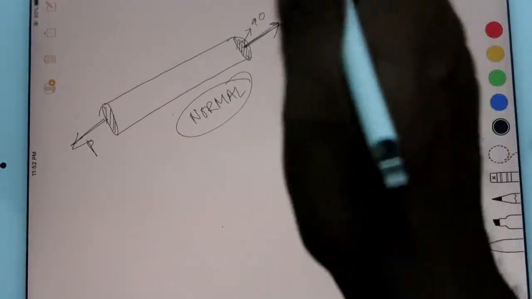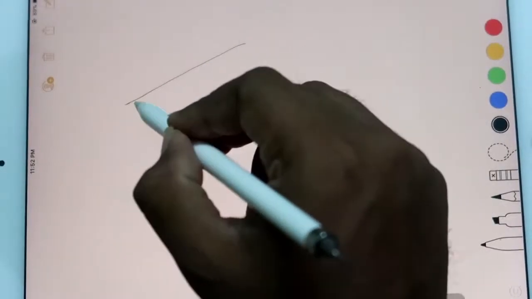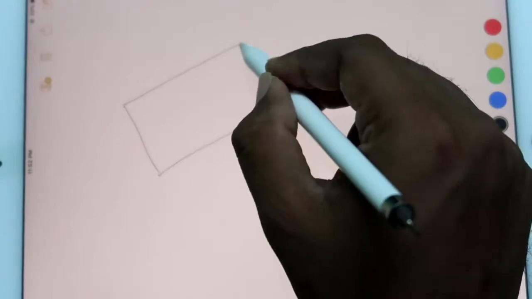If I draw it in a bigger manner, suppose this is a block.